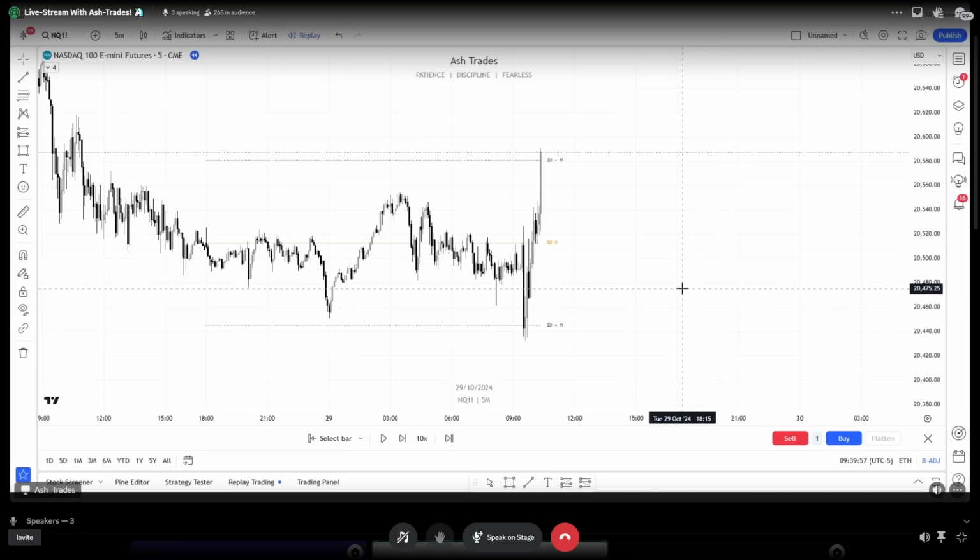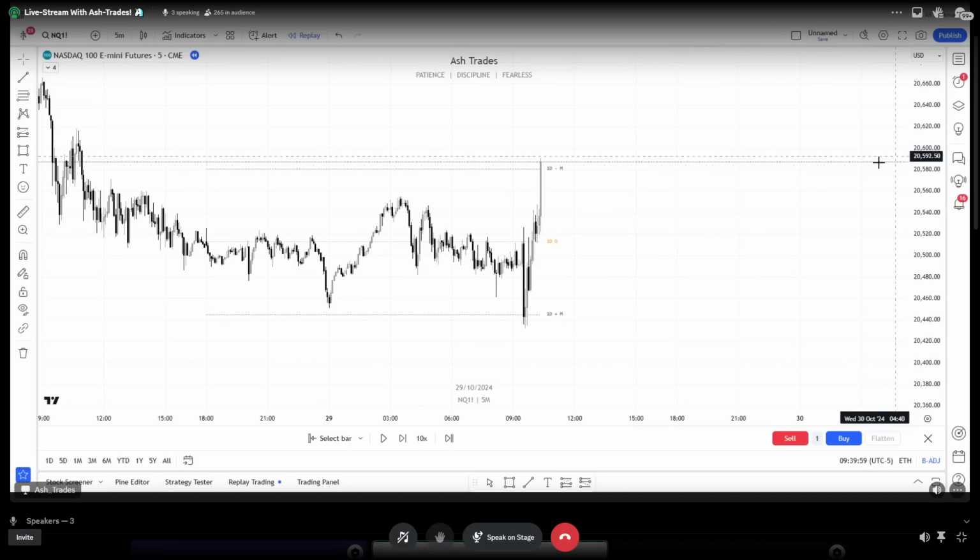Now, the next thing that I also want to point out here, understanding the logic of using this tool, is acceptance above or below a range. It's the same exact thing of identifying deviation of a range. I know that this is a deviation of the range because after we manipulated the range, we had a change in the state of delivery. We changed the direction that price's order flow was.